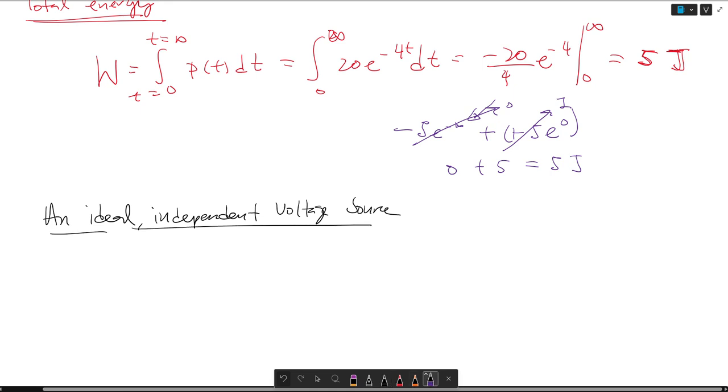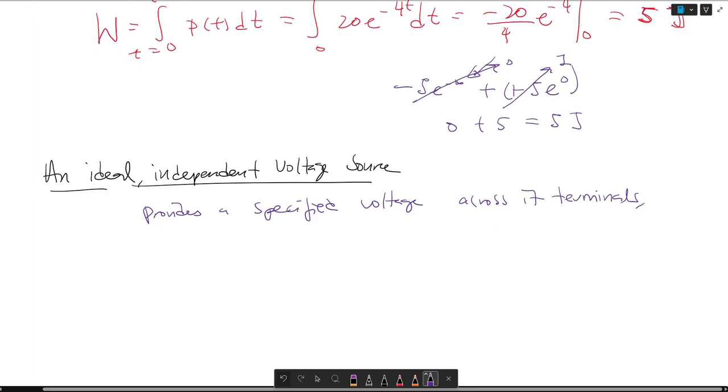And the definition for this is a source that provides a specified voltage across its terminals, independent of the load or circuit connected to it.